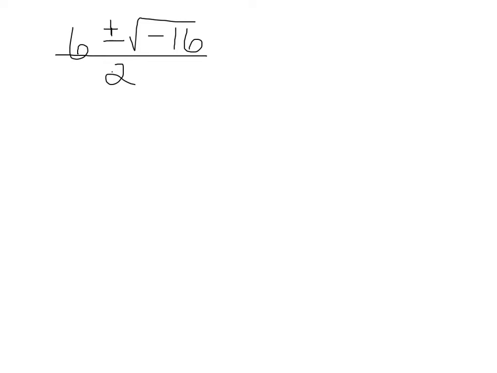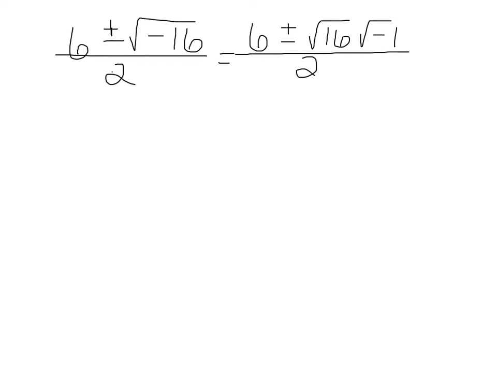Now what we can do with the negative 16 is break that into the square root of 16 times the square root of a negative 1, because radicals are just like exponents and multiplication, so you can break it up, factor it.